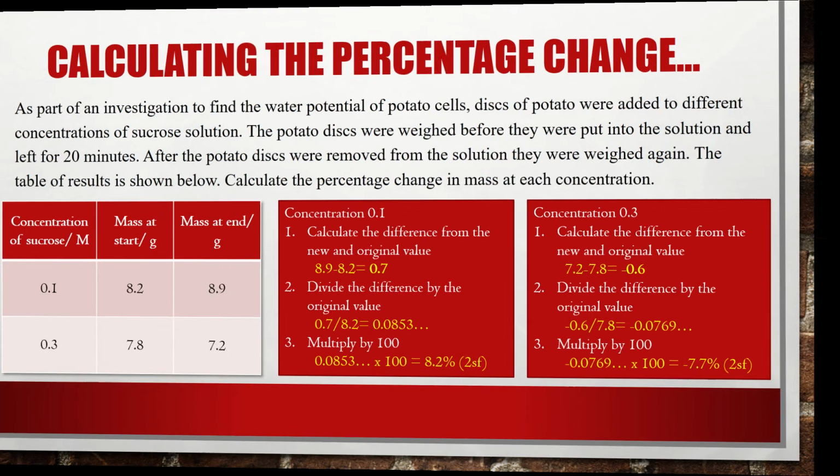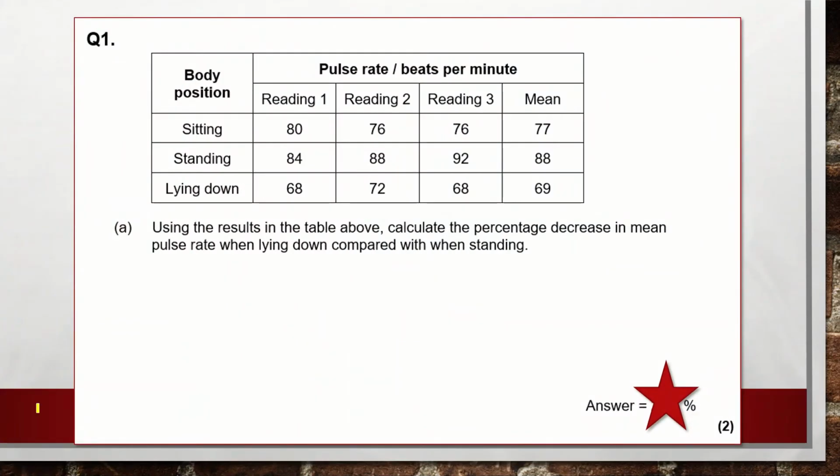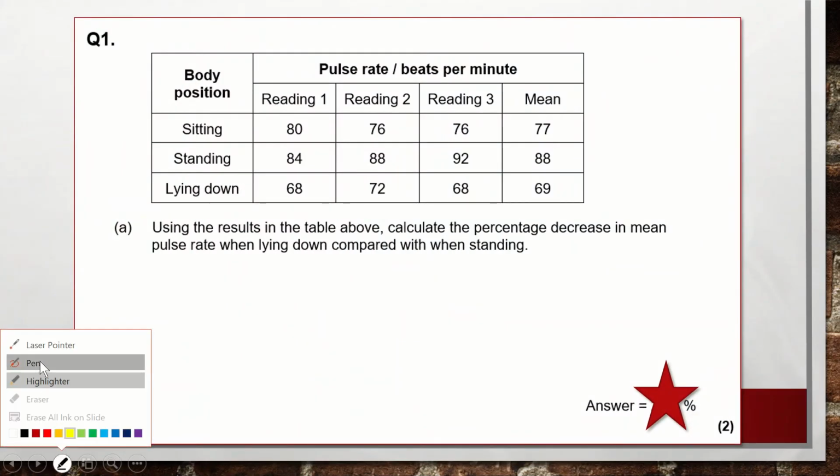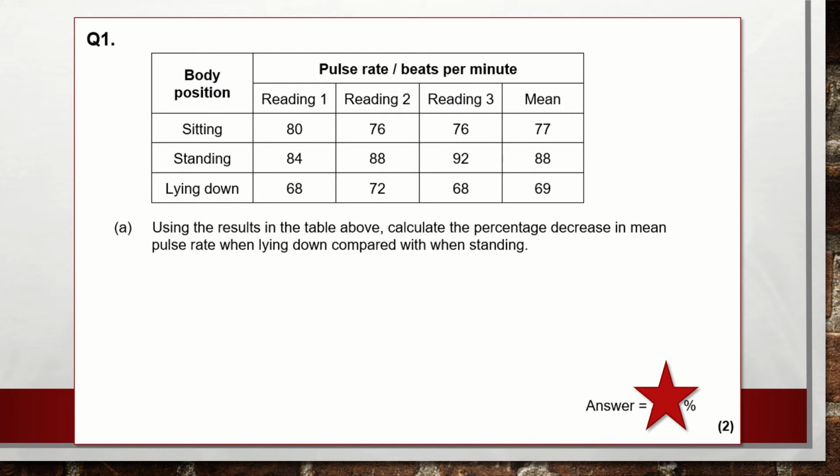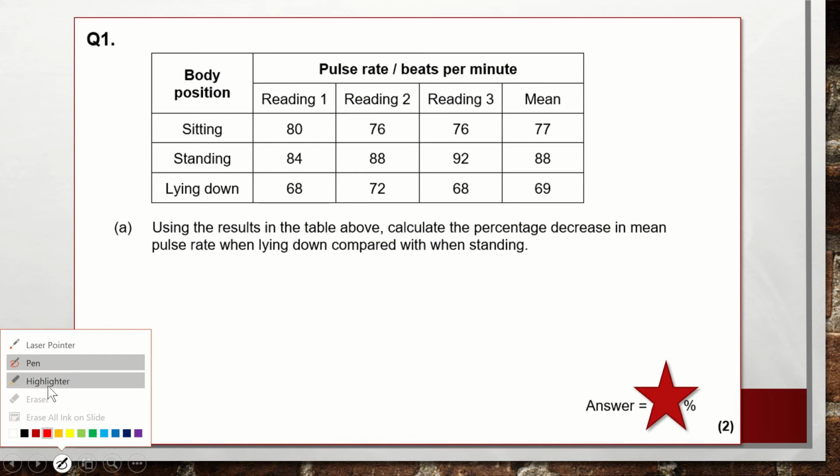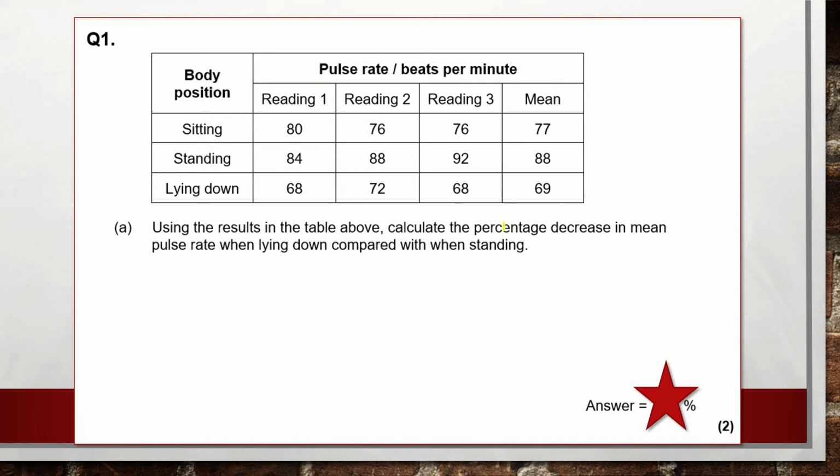So now, if we wanted to apply this to some past paper questions, if we have a look here, we're looking at the pulse rates. We need to calculate the percentage decrease in the mean pulse rate when lying down compared with when standing.